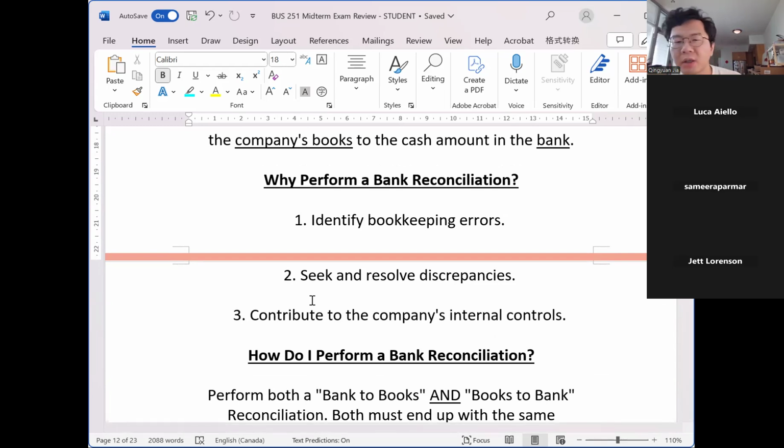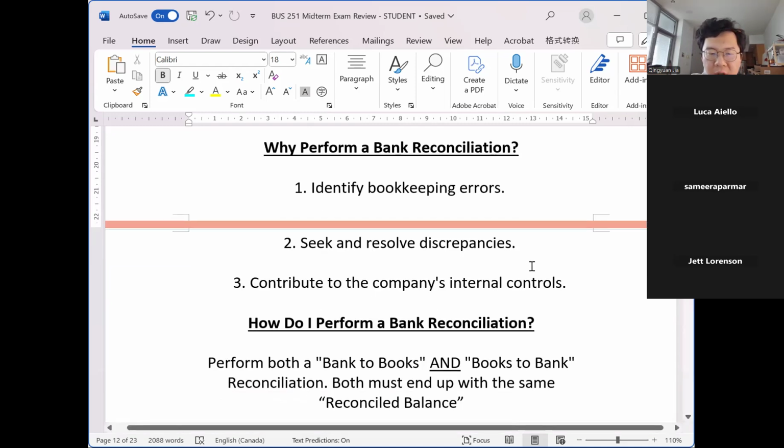Any errors made during the process we can identify, because if we make some errors, they will not reconcile. Secondly, we will seek and resolve the discrepancies. And the third one, bank reconciliation is also a part of internal control, so it can contribute to the company's internal control.